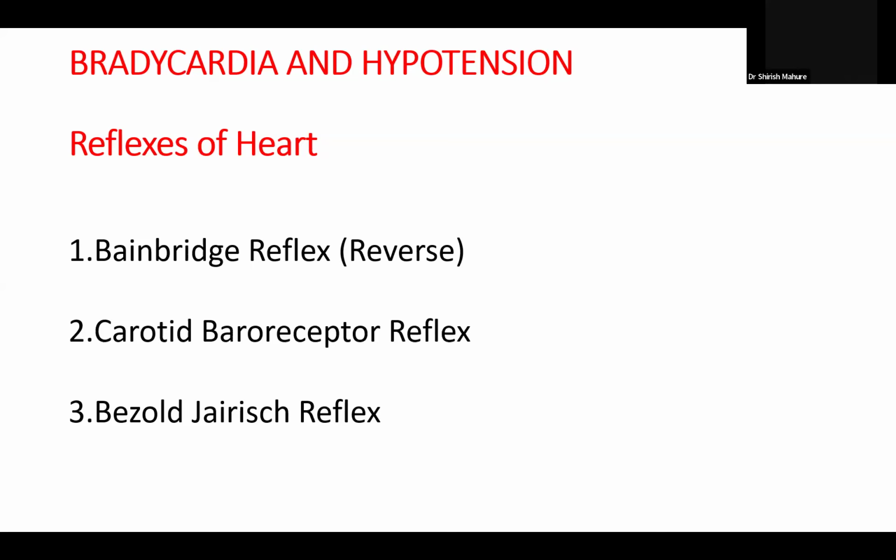Same with the carotid baroreceptors, which are pressure receptors situated in the carotid body and arch of the aorta. They sense pressure, and if there is hypotension, they send responses with sympathetic stimulation, which ultimately increases heart rate, and vice versa.